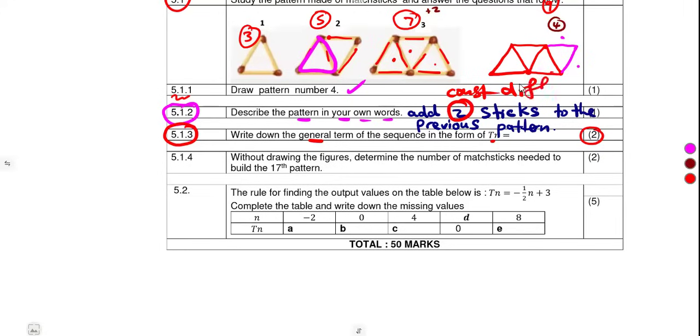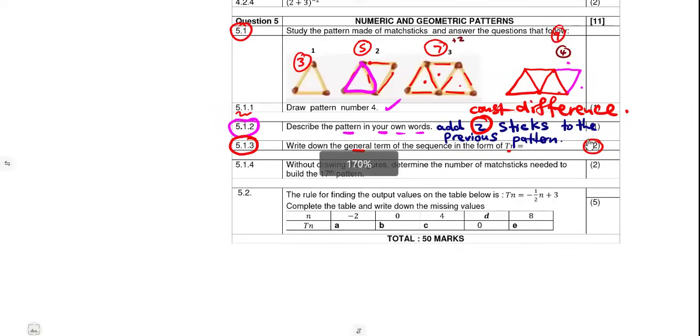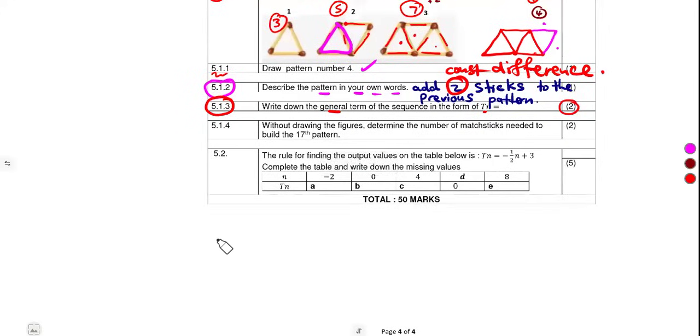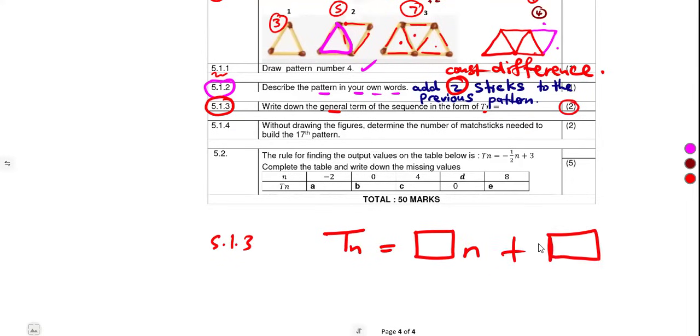We can already see that. So if there's a constant difference, how do you determine the general term? I said it is easier that you take Tn is equal to the constant difference times n plus what?